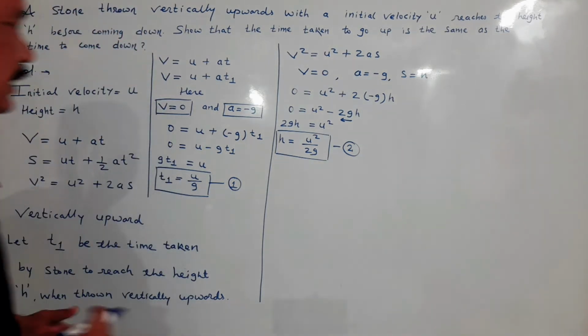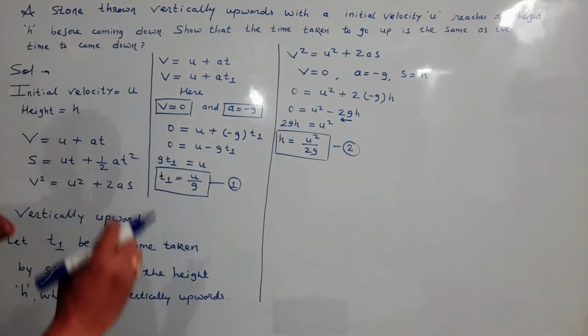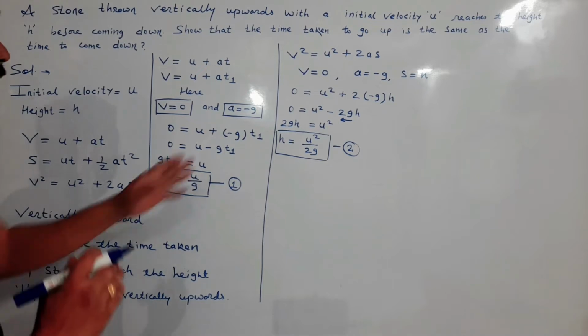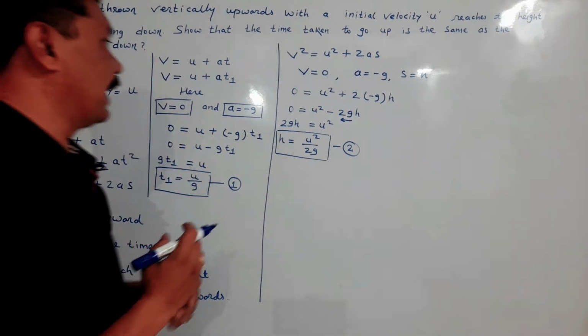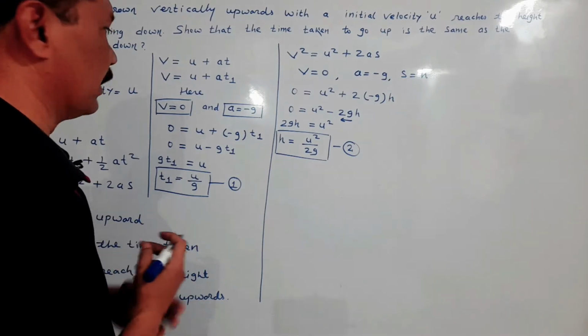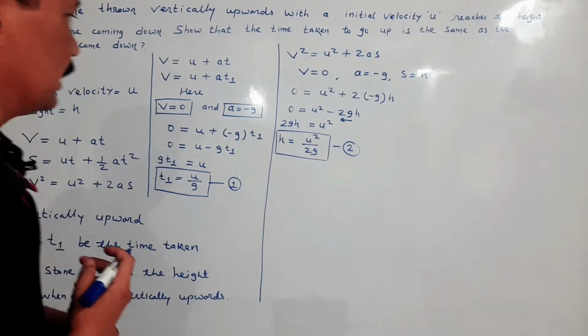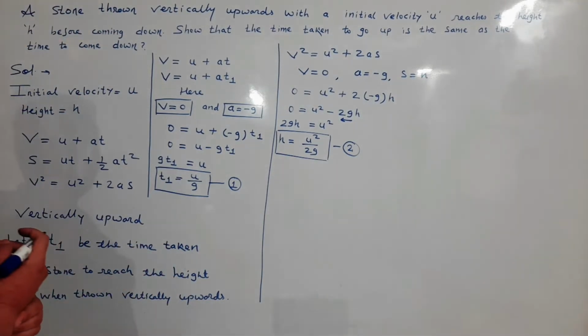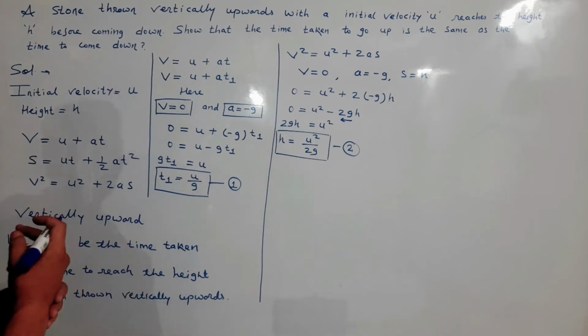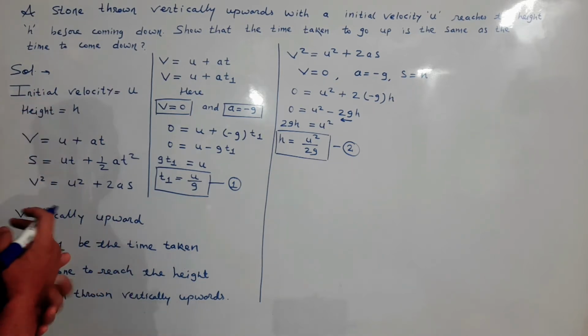My dear student, here we have found out the time taken by a body to move vertically upward, and we have also found out the height of the body when it takes time T1. Now, my dear student, here we have calculated the time and the height of the body when thrown vertically upward.